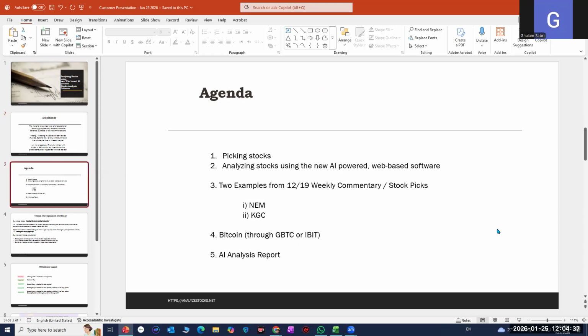For today, we'll start with how to pick some stocks. Obviously, the first question is that there are thousands of stocks and ETFs, so how to pick something which interests you, and then analyze those stocks in our new AI-powered web-based system. I will share two examples of stock picks which I made last month.